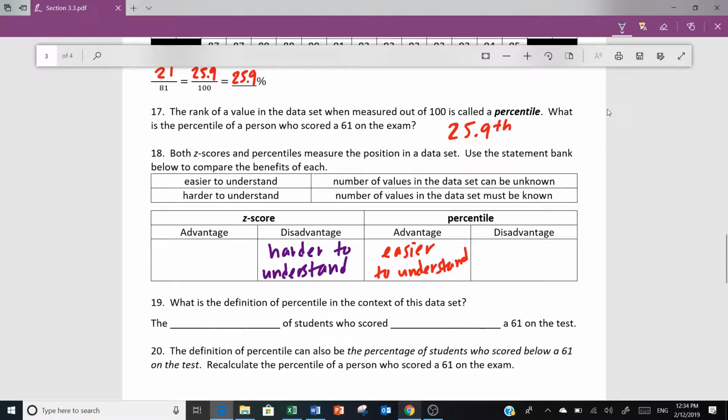Yes, you have to know the number of values in the data set for the percentile. So, the number of values in the data set must be known for the percentile. That's a disadvantage because you have to know the number of people that are in the data set. But for the z-score, you don't have to know that. You can just know the standard deviation and mean, and somebody may have already calculated those for you. You don't have to count the number of people and then look at the rank.